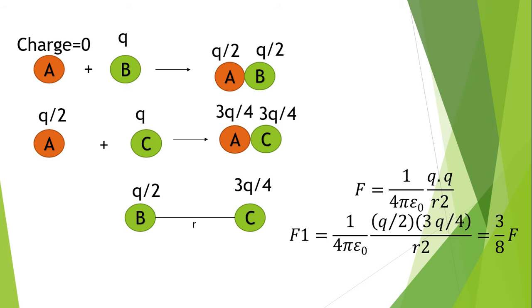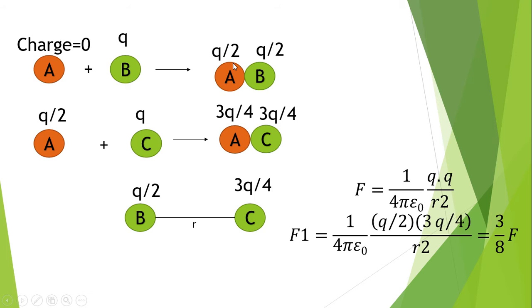The total charge of the uncharged body is 0 when it contacts the charged body B. After that, charge transfers from one body to the other until they have an equal division of the charge. So the uncharged body has charge Q by 2 and charged body B has charge Q by 2. Then the body having charge Q by 2 again contacts the charged body C. After that, charge transfers until they have equal division of the charge.